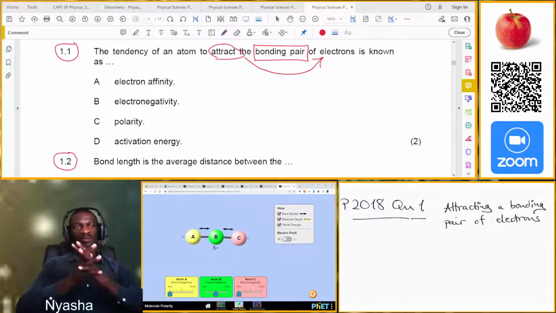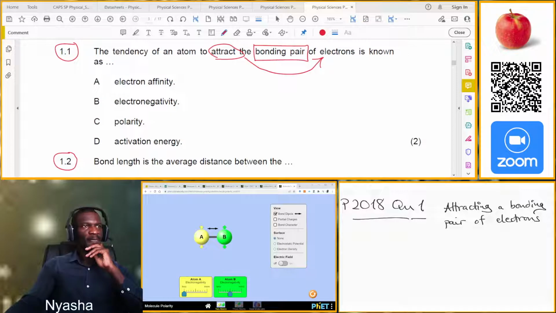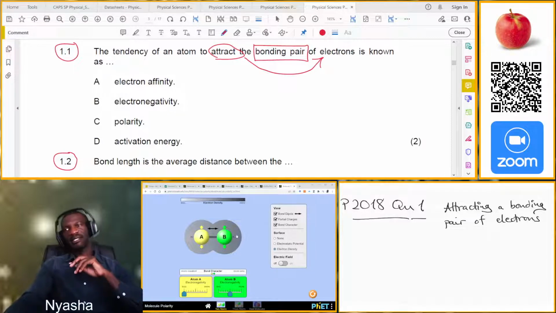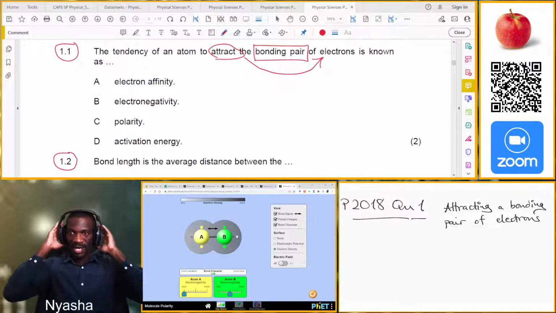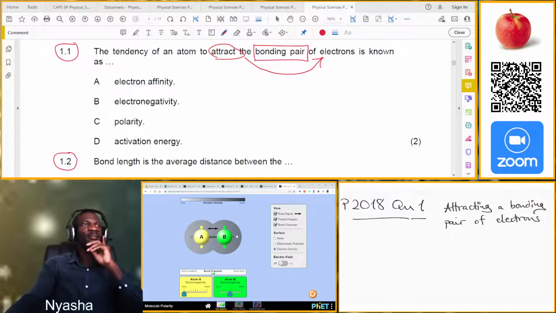So there is something that we can maybe make use of here, which is the partial charges, right? Yes, the partial charges. The partial charges can show us the atom that collects, or the atom that ends up having more.